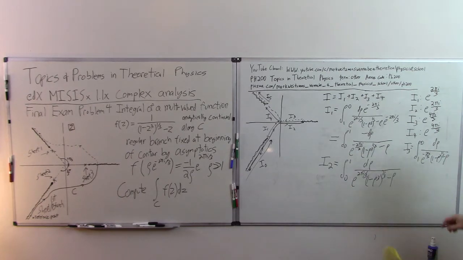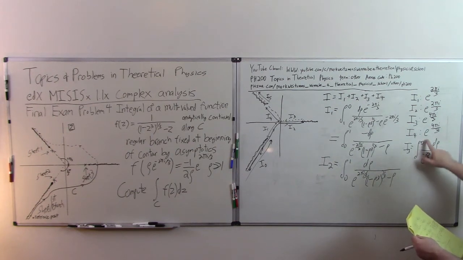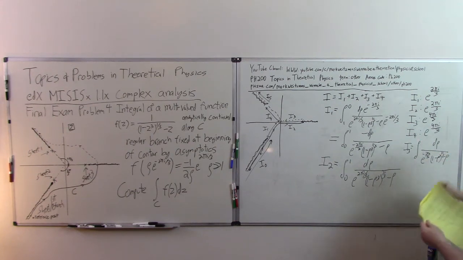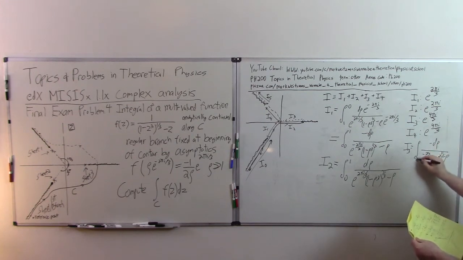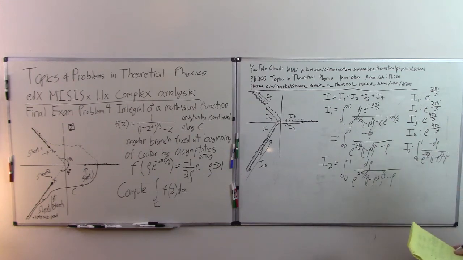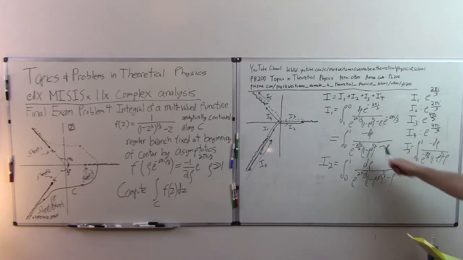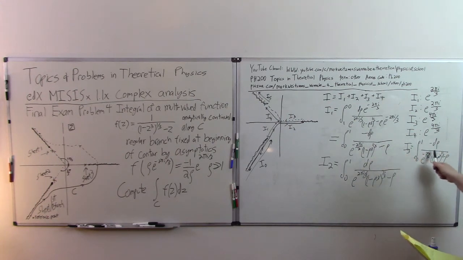Now, if we just switch the limits of integration, we'll get a minus sign here, and we'll get 0 to 1. So these two are the same. I1 and I3 are the same.